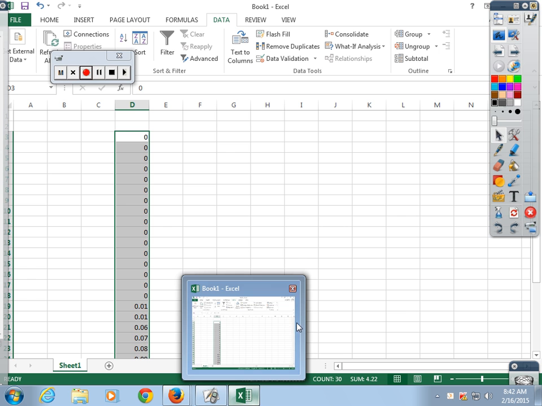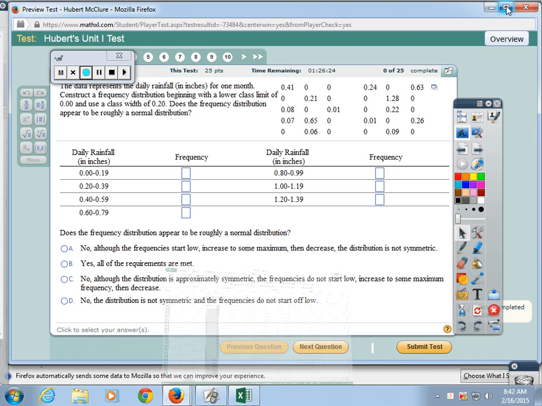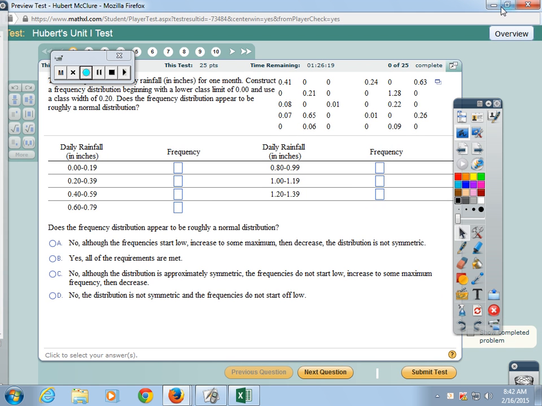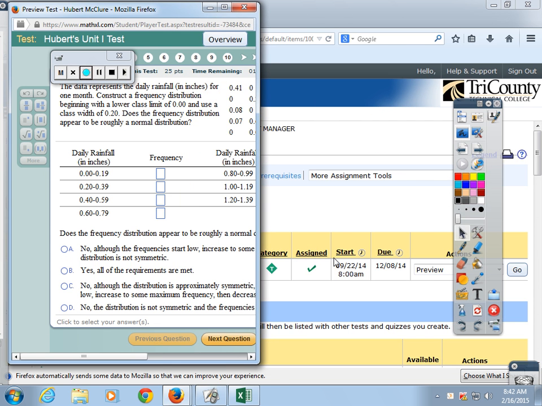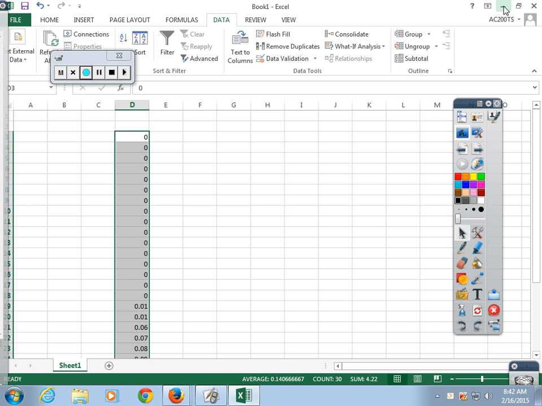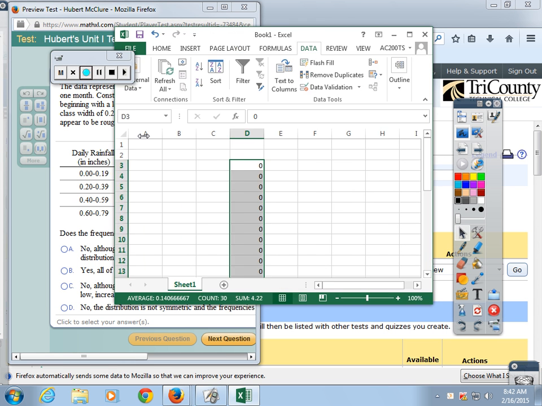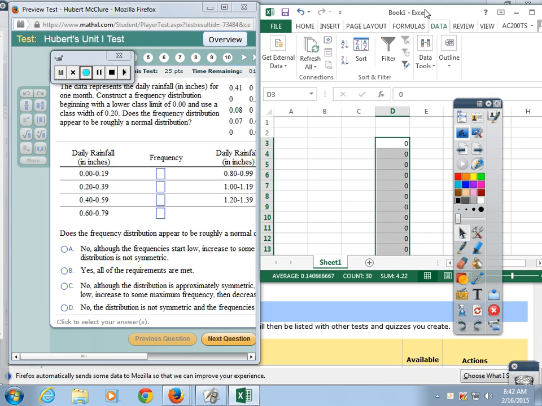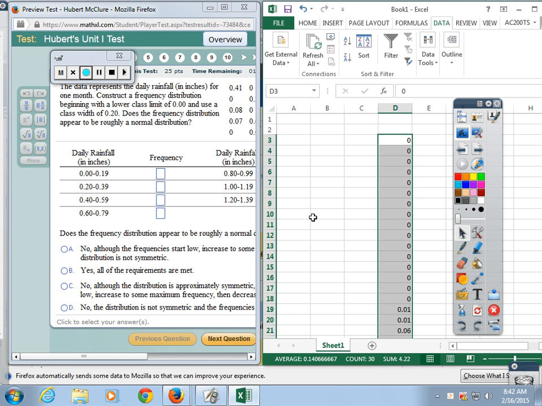Now the first one says, let me see if I can do this where I can see both. Alright, 0 to 19 cents.